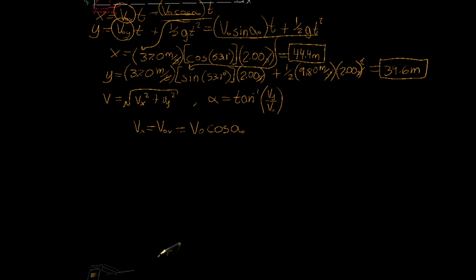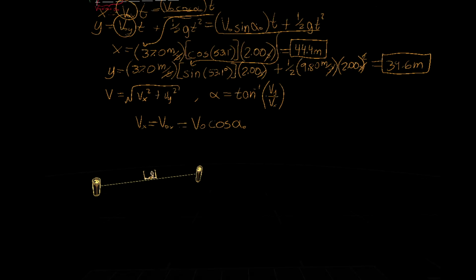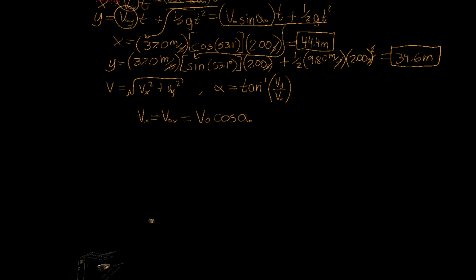But V naught y is different. Vy is different. Vy is equal to V naught y minus gt. So it's whatever the initial velocity in the y was minus whatever the influence of the acceleration due to gravity is at the time that you're talking about.